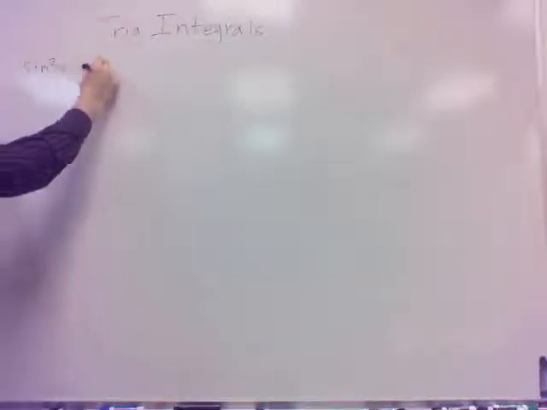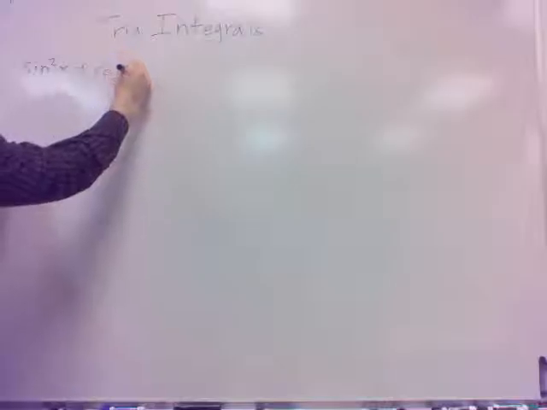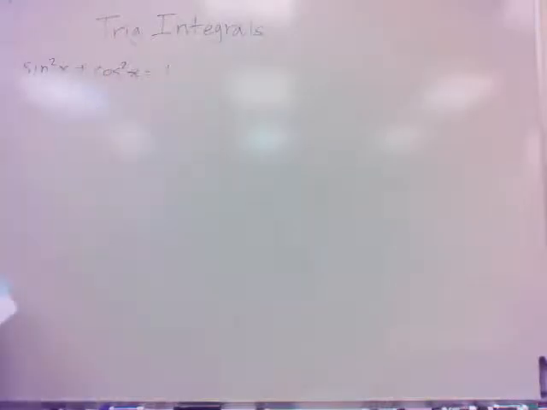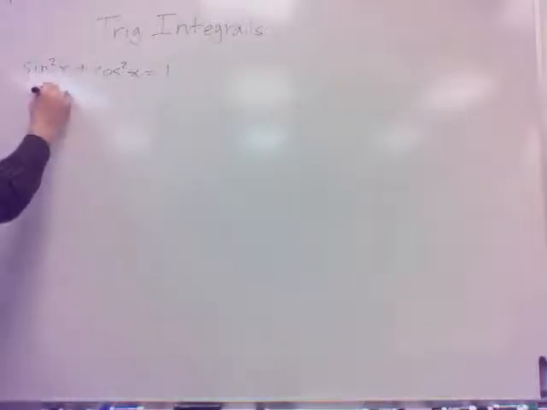First, though, let me talk about some of the trig identities. Our most famous one would be sine squared plus cosine squared is 1. Okay? Well, that one's helpful to us, but in the alternative form, solve this for sine squared.